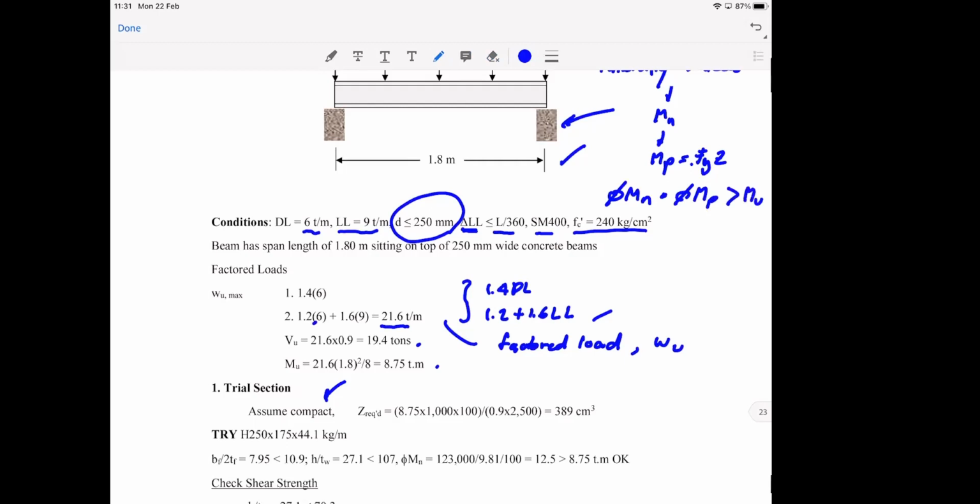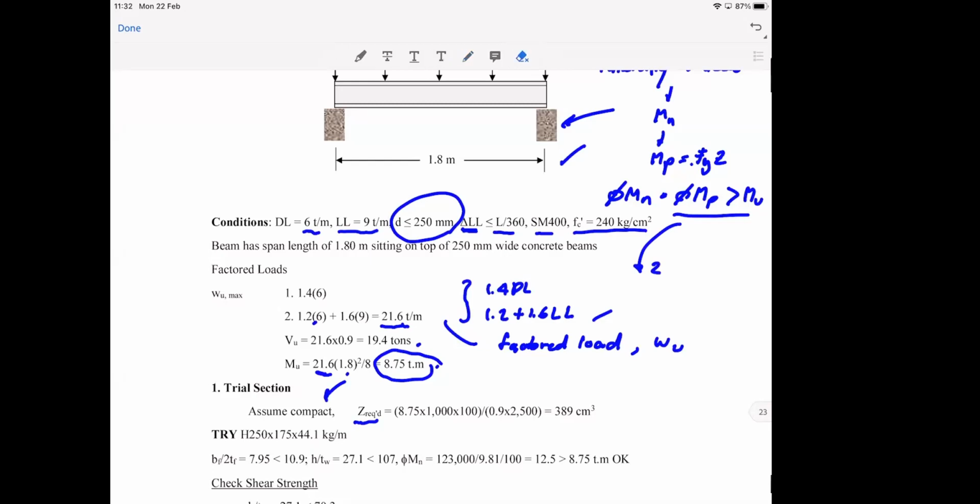So with that, we can calculate the required plastic section modulus, okay? And we have the moment from the load 21.6 multiplied by the length, wL squared over 8. So it's 8.75 ton meter. That is our target. So if I derive it from here, I will have the plastic section modulus.